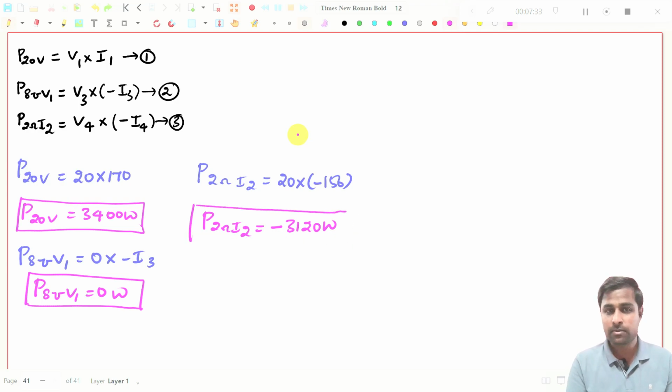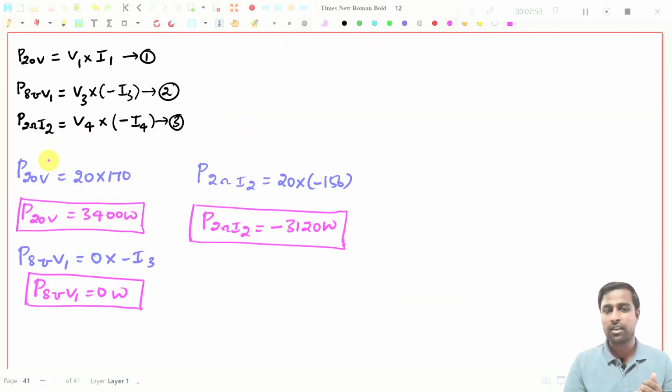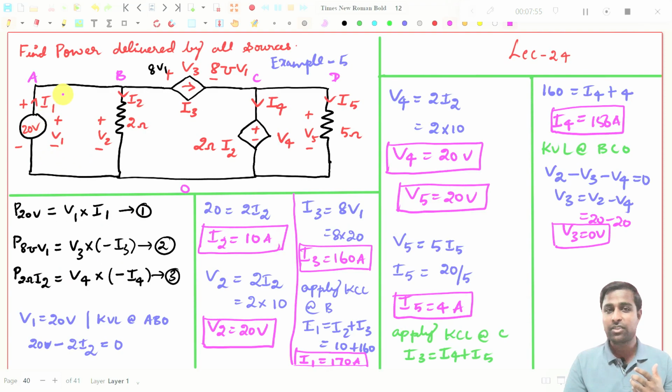What is this minus actually telling us? This minus is telling us that this source is not delivering power, it is absorbing the power. And this source we are getting in positive value, 3400, it is actually delivering power.